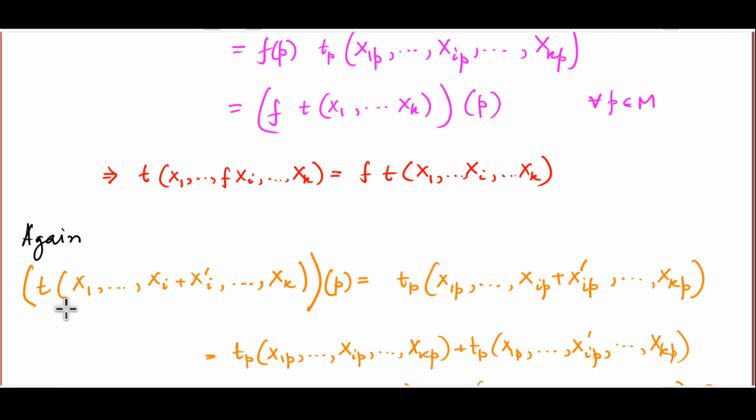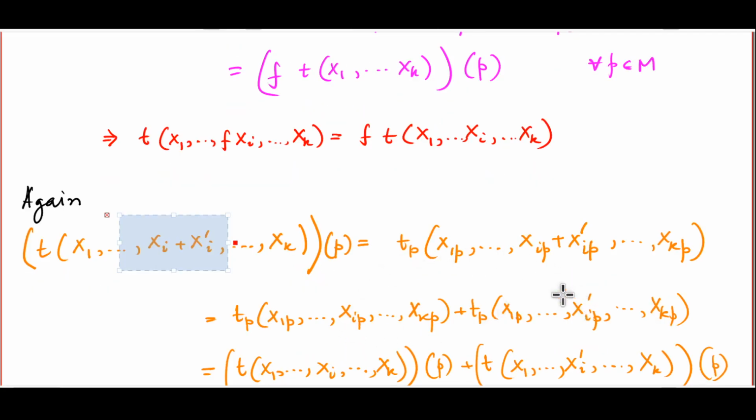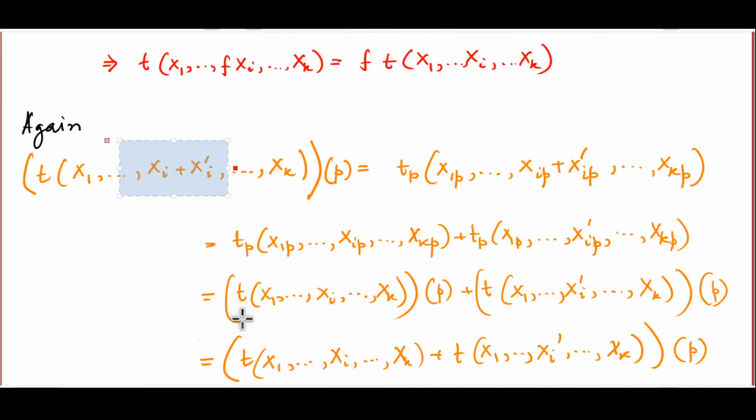If you take T, the tensor field, and give it the arguments x1 through xk, but replace the ith argument by the sum of two vector fields xi plus xi prime, and evaluate the resulting function here at the point P, that by the definition is Tp acting on all these vector fields at the point P, which in particular means that the sum here, xi plus xi prime, becomes xip plus xi prime p, and by the linearity of a tensor at a point P, this breaks up into a sum of terms like these, which can then be rewritten rather easily as T acting on x1 through xk at the point P, plus T acting on x1, x2, xi prime through xk at the point P, which is just the definition of T acting on a bunch of vector fields.